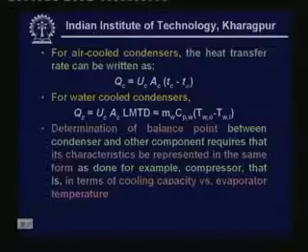Now, determination of the balance point between the condenser and other components requires that its characteristics be represented in the same form as done, for example, for the compressor, that is, in terms of cooling capacity versus evaporator temperature. If you are using the balance point approach for complete system analysis, we have to express all the characteristics of the components in terms of common parameters.